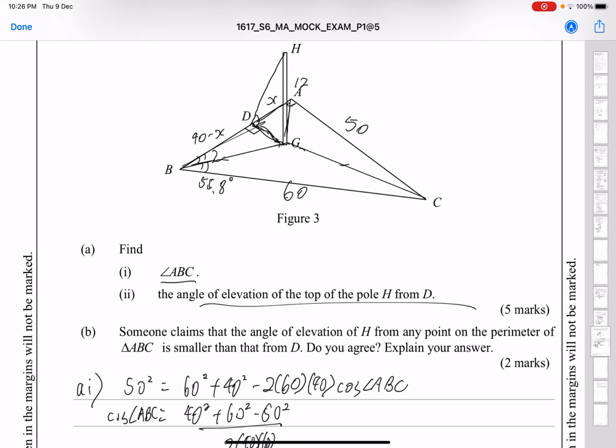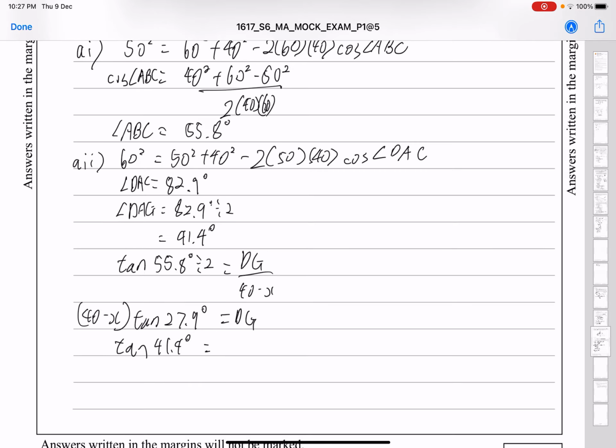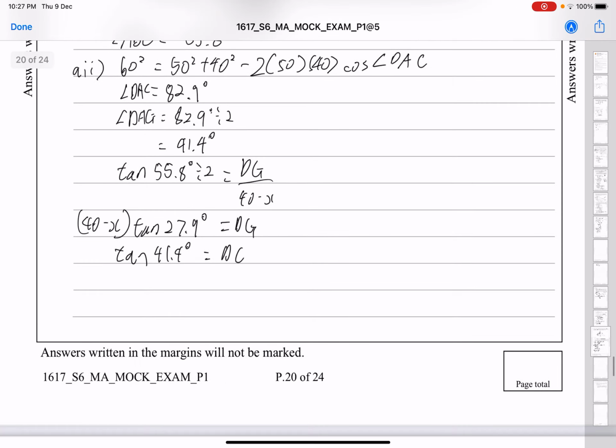So, we know that 40 minus x times tangent 27.9 degree, it's equals DG. And we also know that tangent 41.4, it's equals DG over x again.